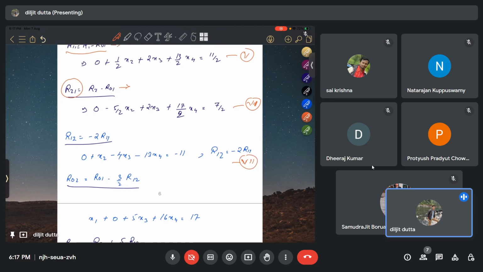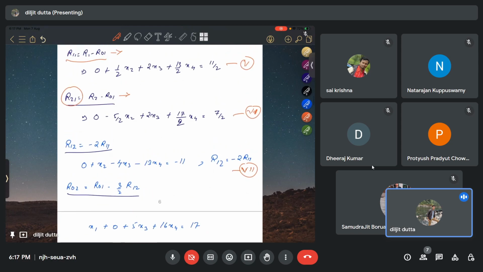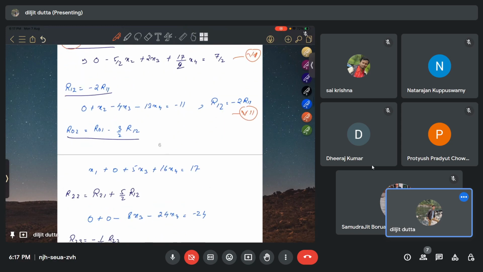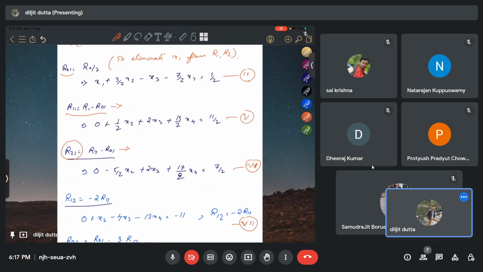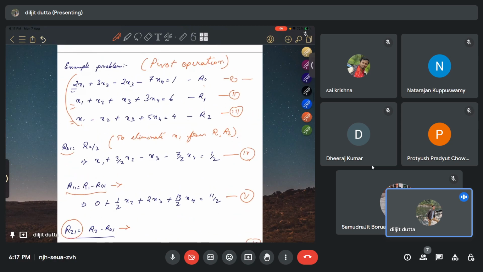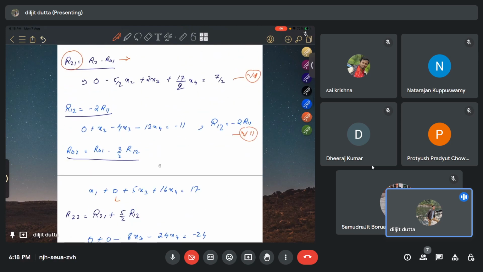Once we get this equation, we will do a row operation by taking R01 minus 3 by 2 into R12. So we will get the coefficient of x2 equal to 0 in the first equation, that is this equation.